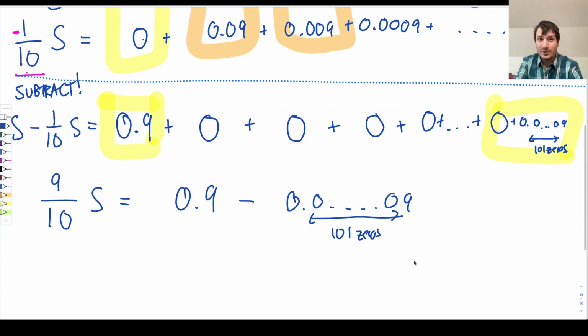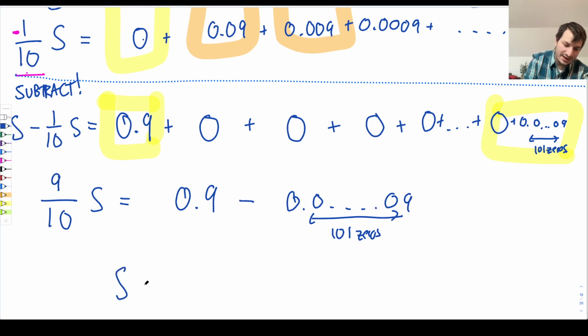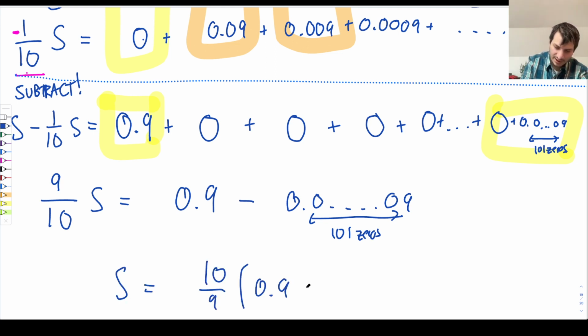And if I just rearrange the equation, I'm going to take the whole equation and multiply it by 10 ninths, or effectively move this 9 over 10 to the other side of the equation. You get s is 10 ninths times 0.9 minus 0.009, 101 zeros, 9.